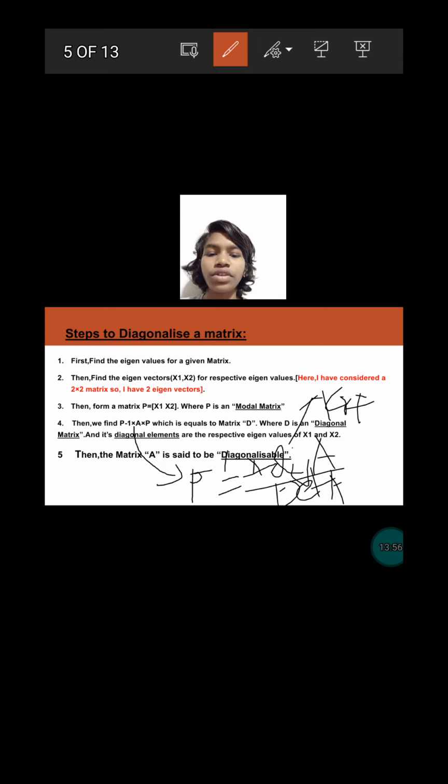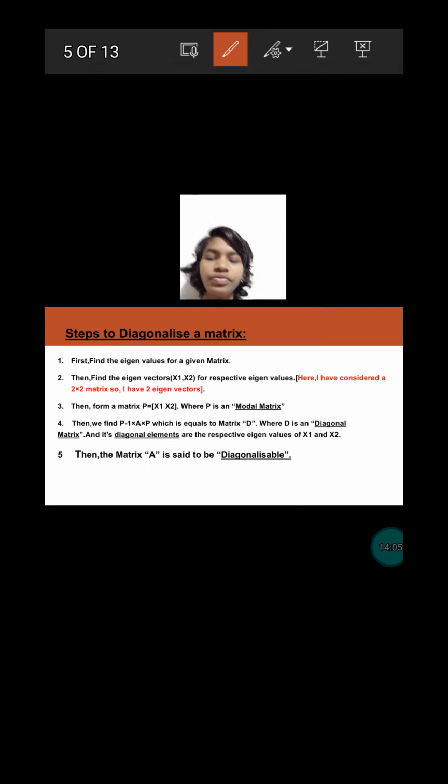Adjoint A is nothing but the transpose of the cofactor matrix. If we multiply the three matrices P inverse, A and P, that is equal to a matrix.